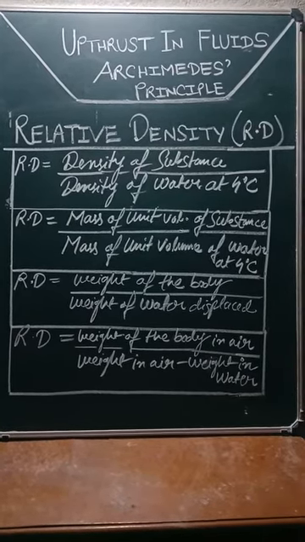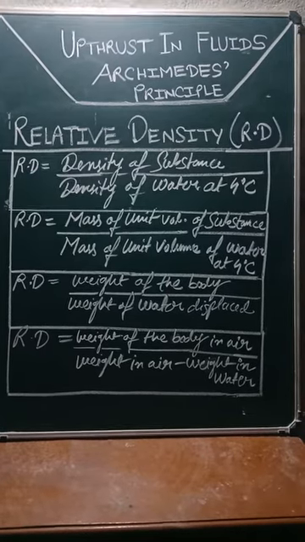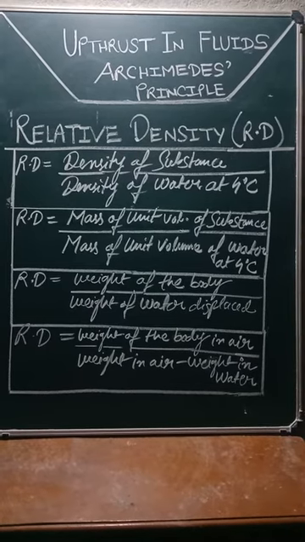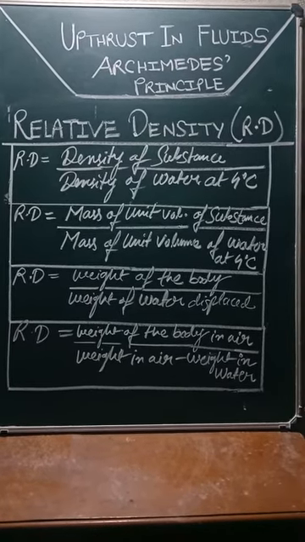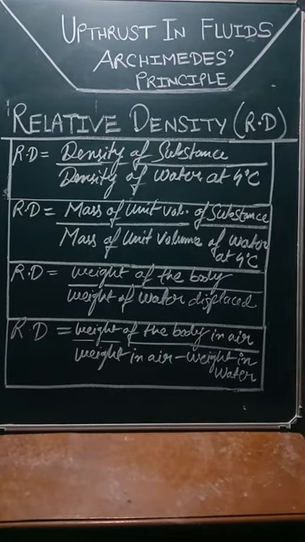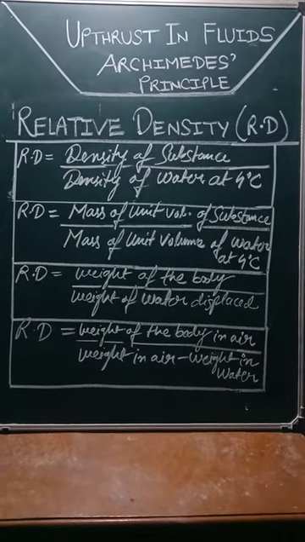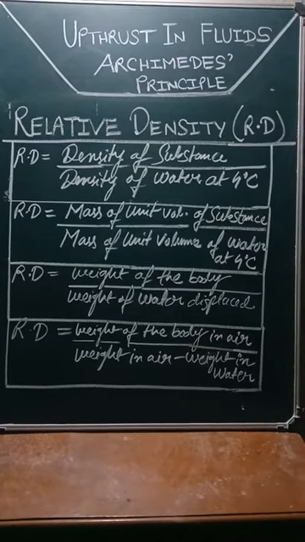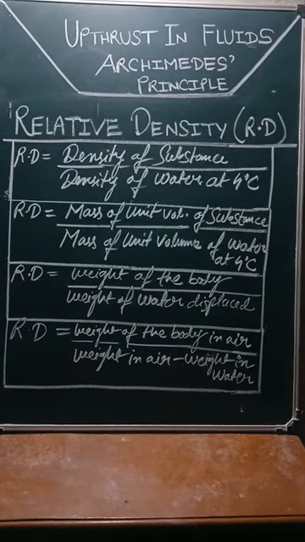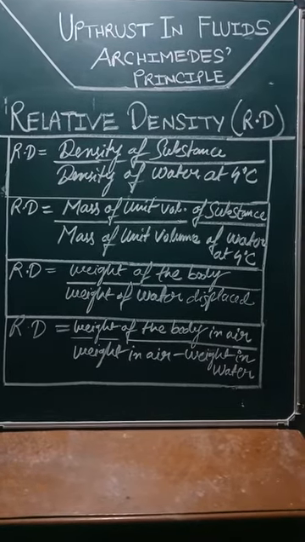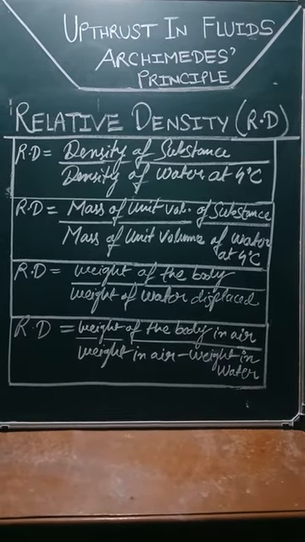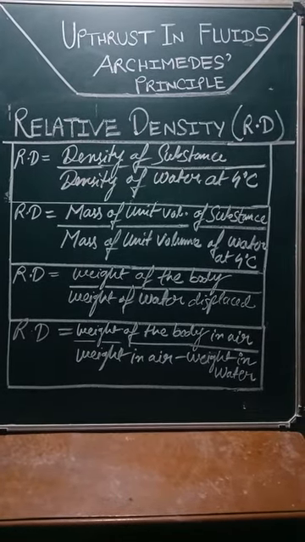Because when we are dividing the same quantity with the same units, in that case it is called unitless. It means when we are dividing the density of substance by the density of water, we are dividing the same unit, so they will cancel out each other and it will have no unit.